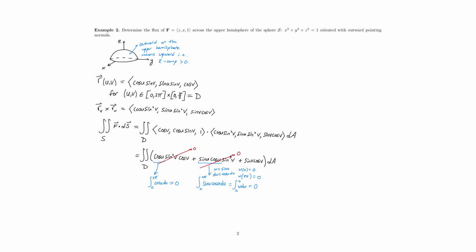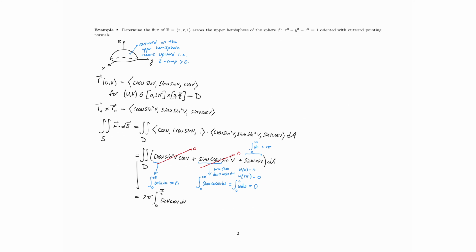Now over here, there is no u in this expression, which means that if we just do the integral of du from 0 to 2 pi, we'll get 2 pi. So if we do this, we'll have 2 pi, the integral from 0 to pi over 2, sine of v cosine of v dv, and then we can use a similar substitution that we had here.